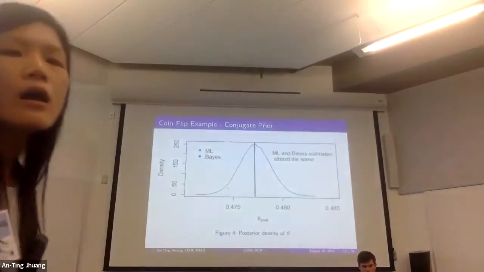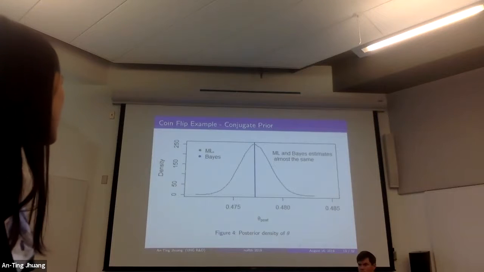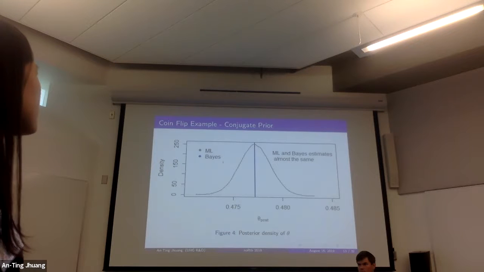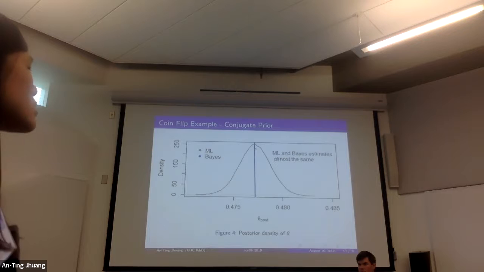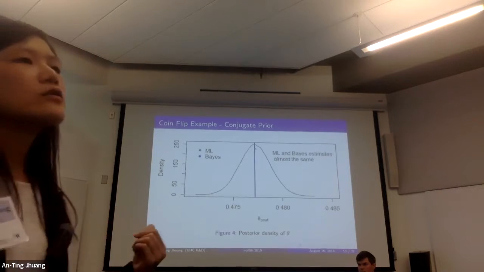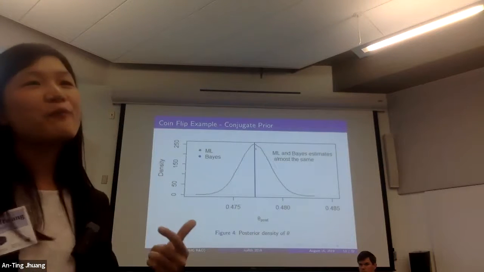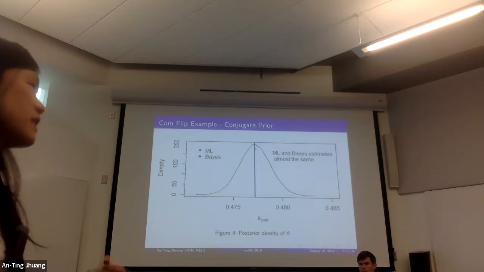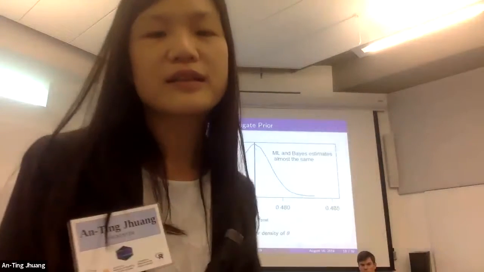Here you can hardly see the dark green since the maximum likelihood estimate and the Bayes estimate are pretty close to each other. I think that usually, not always, happens when you have a conjugate prior and posterior. It usually leads to very similar results in frequentist and Bayesian statistics.